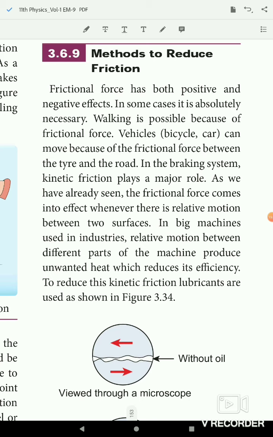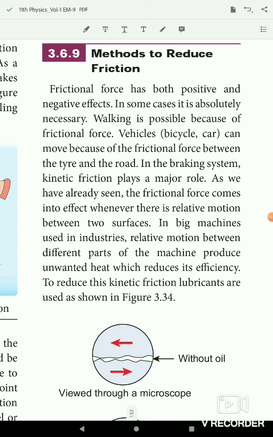To avoid sliding, frictional force acts between your leg and the surface. So vehicles can move because of the frictional force between the tire and the road.